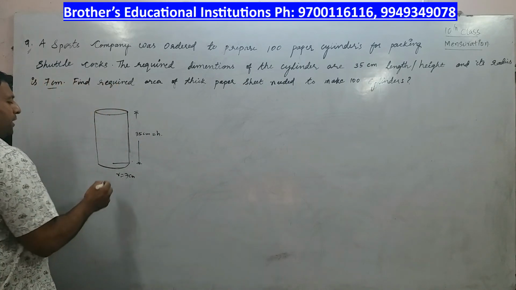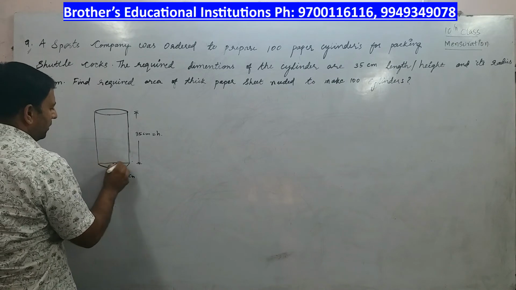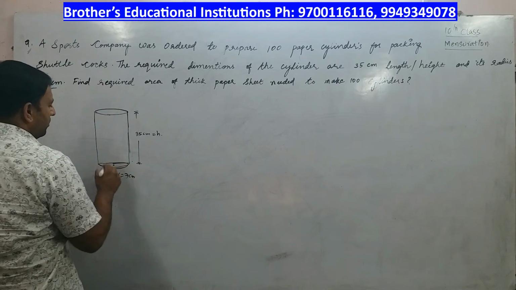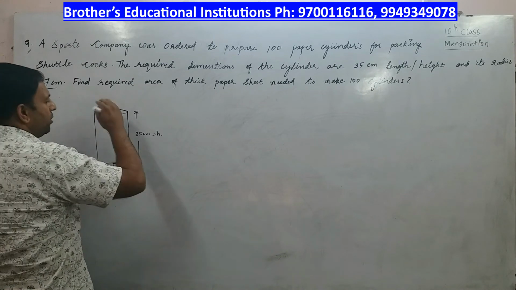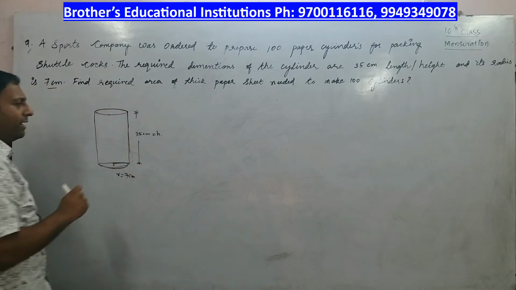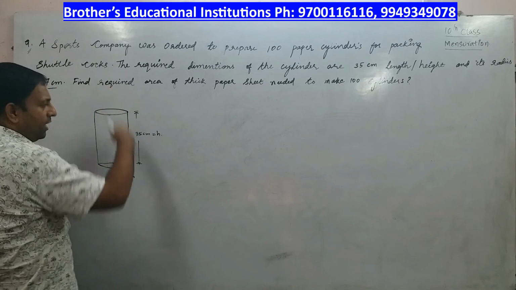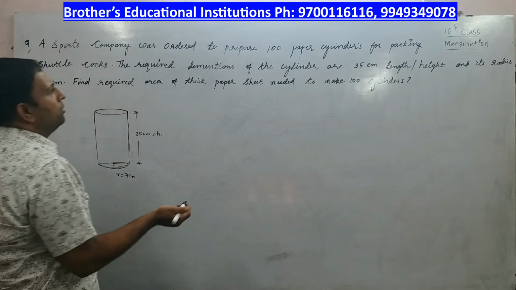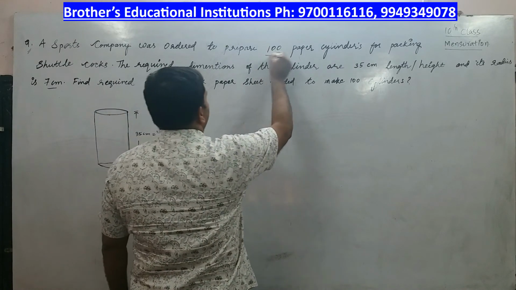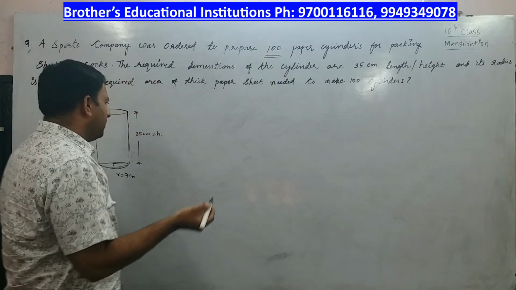Alright. See, first of all, it is hollow, but since you want to pack it, it should be closed from the bottom and it should be closed from the top. That means you actually require the total surface area of the cylinder. If you know it for one cylinder, then you will be able to know the total surface area required for 100 cylinders. Straightforward question.